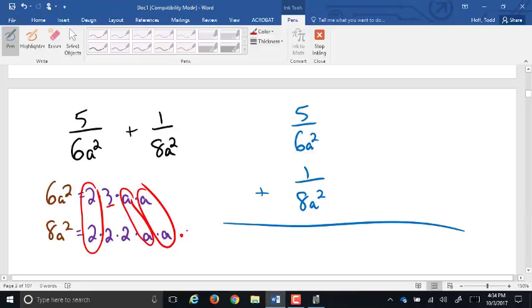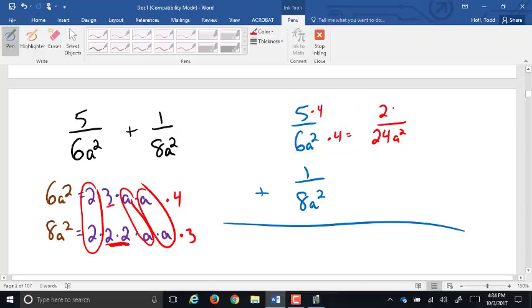The top one has a 3 that we need to multiply the bottom one by. The bottom one has these two 2's. So that means I have to multiply the top by two 2's or by 4. 6a squared times 4 is 24a squared. What do I have to do to the 5?